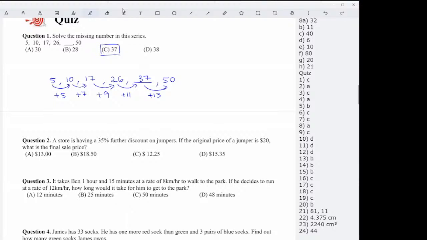So what we can do is 35% of $20 first, which means 35 over 100. Leaving you with $13. So your answer here is A.